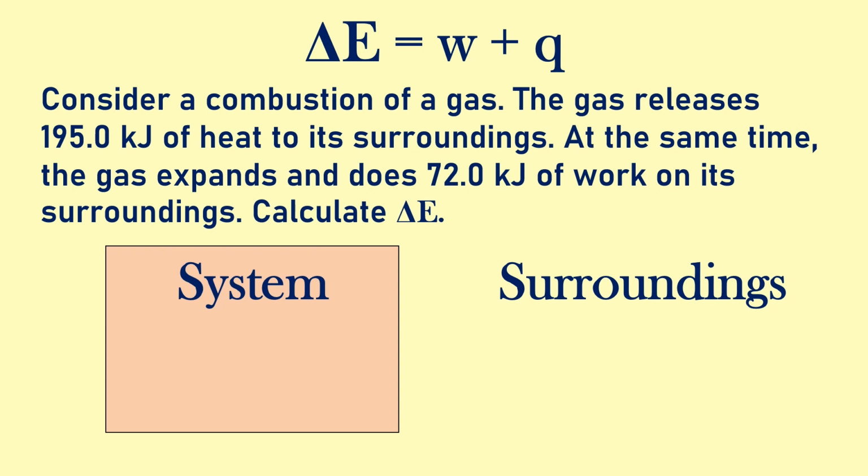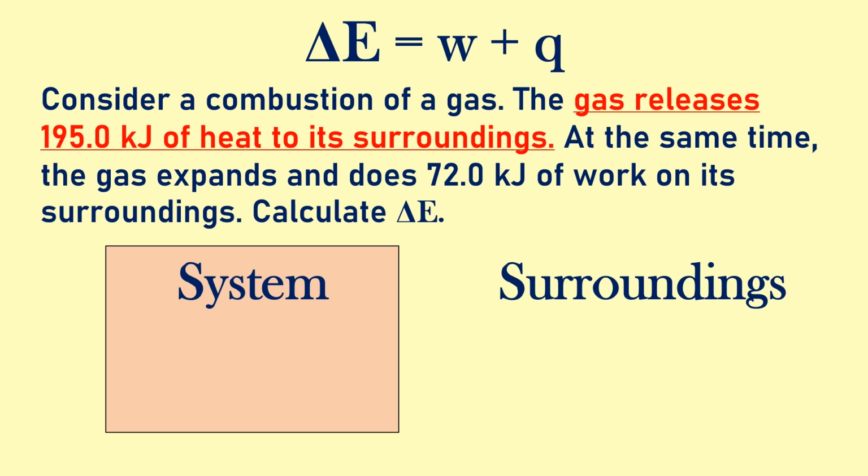When doing internal energy problems, it's best to imagine our original diagram of the system and surroundings. Let's focus on this statement. The gas releases 195.0 kilojoules of heat to the surroundings. I like to tell my students to read this statement without the values. Try saying, the gas releases heat to the surroundings.